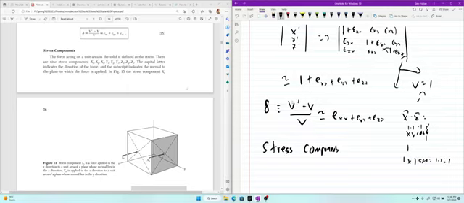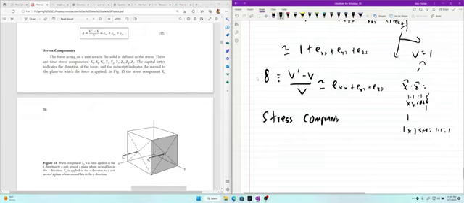Okay. Anyways, stress components. So we're dealing in 3 dimensions, so we're going to have 9 stress components. In the x, y, z direction, I guess they do it weird. They're doing x in the x direction, x in the y direction, x in the z direction, and then you have this 3 times.